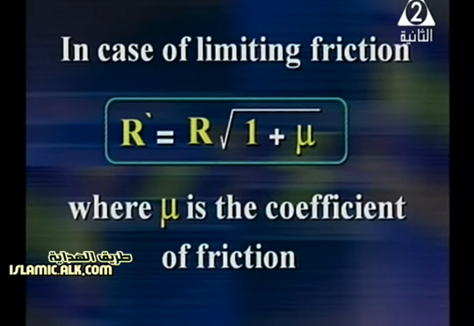Its symbol is mu k. It represents the coefficient of kinetic friction. In this case, R dash equals R times square root of 1 plus mu squared. What is the R dash? Resultant force. What is the R? Normal reaction, which we can represent by N.